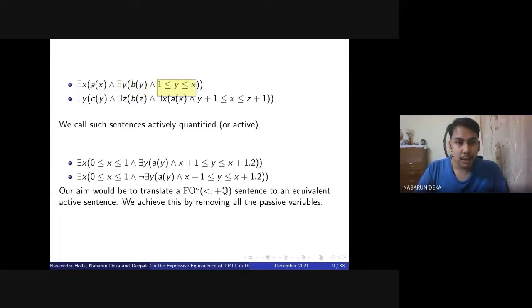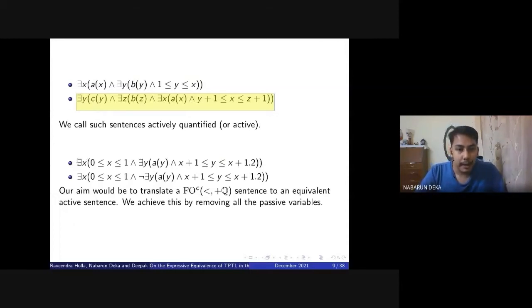Observe that because both the quantified variables are forced to be actions, this whole sentence behaves the same way in both pointwise and continuous semantics. Similarly for this sentence, where again every quantified variable is forced to be an action point. We call such sentences actively quantified or active sentences. Hence, for an active sentence, regardless of whether we use pointwise or continuous semantics, it will behave the same way.